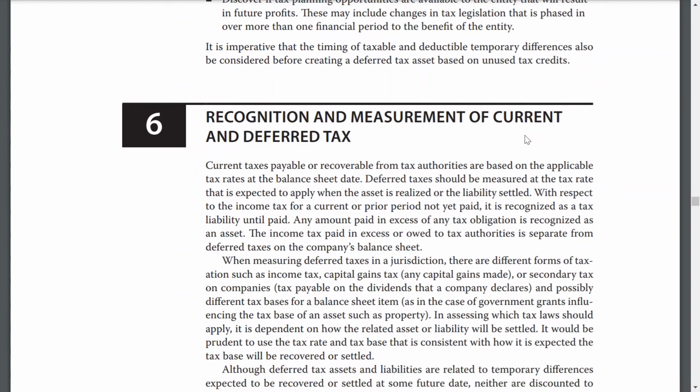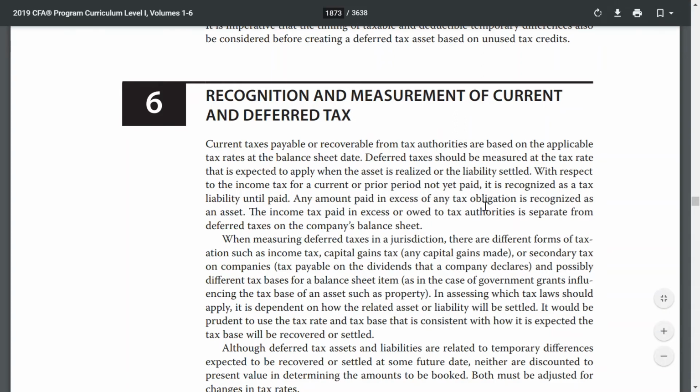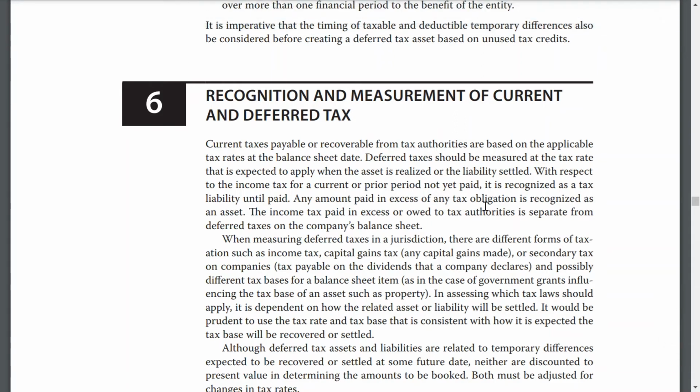Recognition and measurement of current and deferred taxes. Current tax payable or received from tax authorities is based on the applicable tax rates at the balance sheet's date. Deferred taxes should be measured at the tax rate that is expected to apply when the asset is realized or the liability settled.